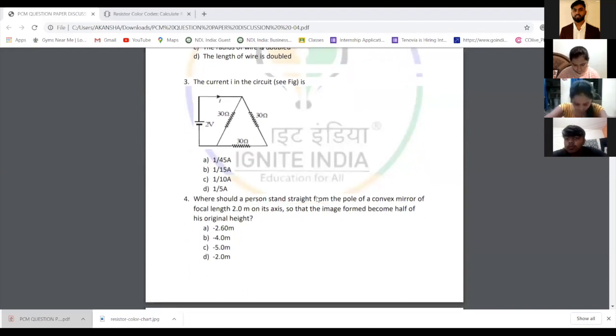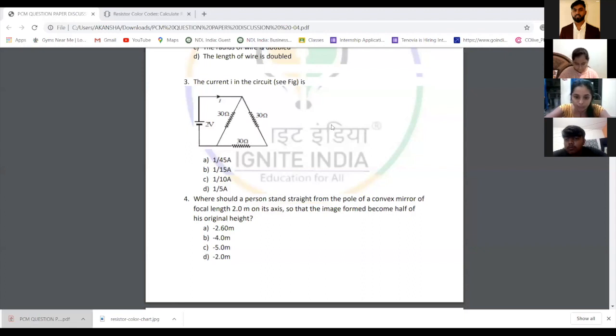So 1 by R1 plus 1 by R2 is equal to 1 by R. So we get the complete resistance equal to 20 ohms. So by the formula V equal to IR, we get the current flowing through the wire, I equal to V by R, where we know the value of V, which is 2 volts. So by putting it into the formula, we get I equal to 1 by 10 ampere.